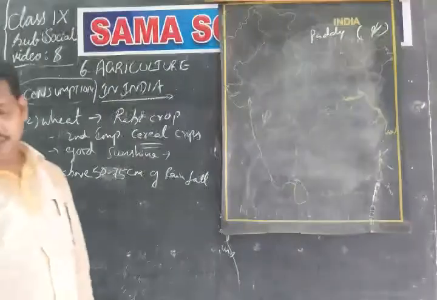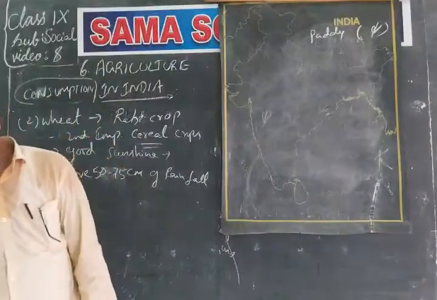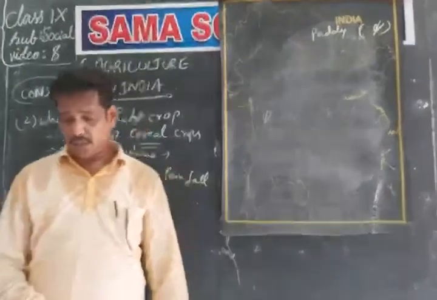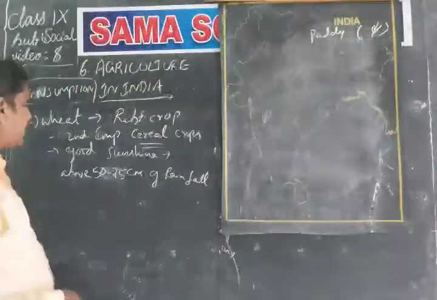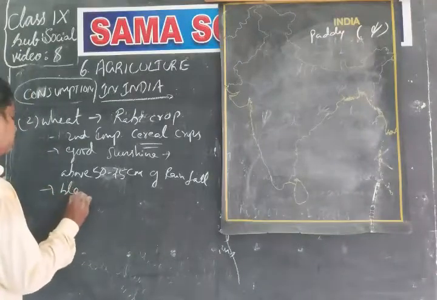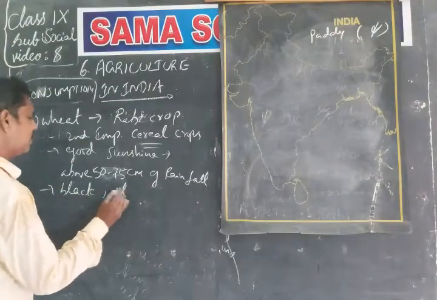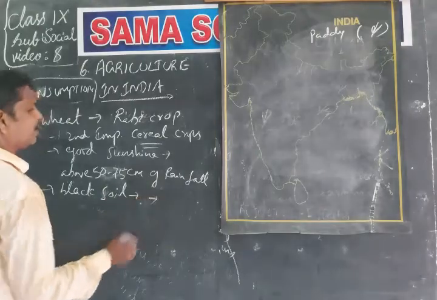Next, in which areas is it grown? Which type of soils are favorable for the wheat crop? Black soils are most favorable for this crop.